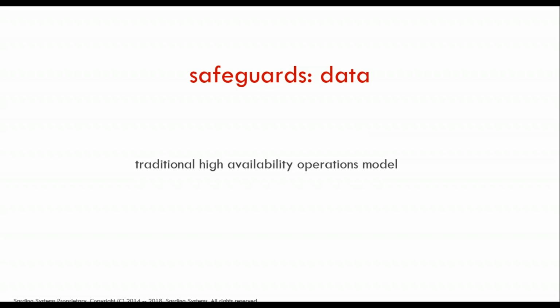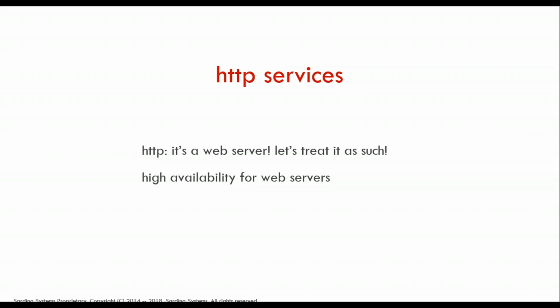So really, this is a classical high availability operations model. If we look at HTTP, it's a web server. So let's treat it as a web server and run it as high availability for web servers.